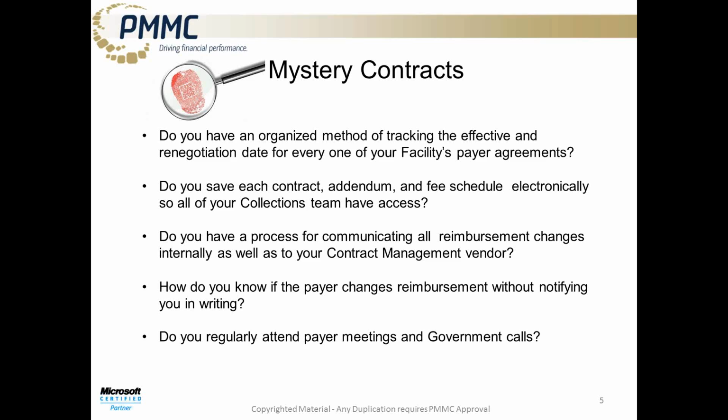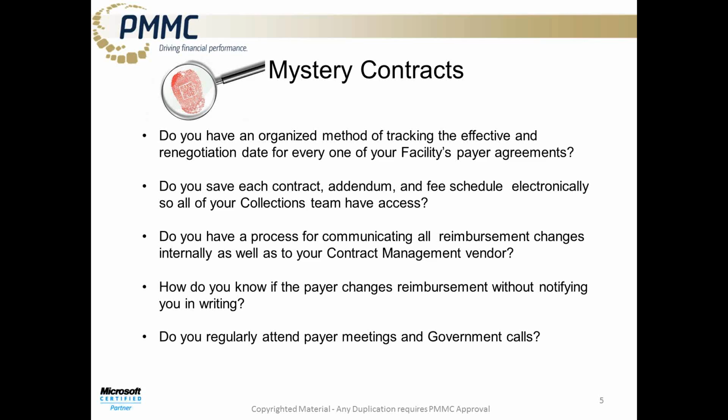It's very important that you have reliable, experienced staff dedicated to managing and negotiating your contracts. After all, that's where all of this starts, doesn't it? This starts with knowing who your top 20 payers are and making sure that you completely understand all of the complex reimbursement methodologies each of those individual payers use.